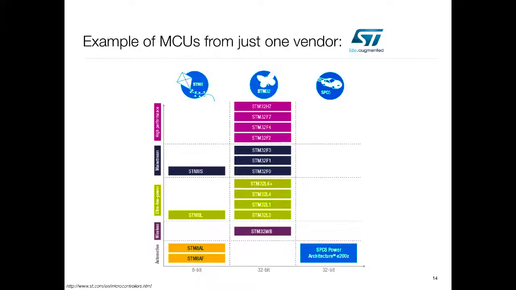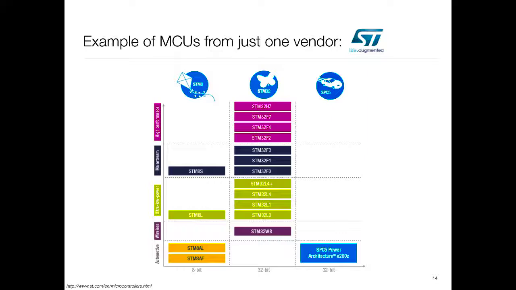Just to give you an example of the kind of things that some vendors might offer, this is ST Microelectronics, one of the dominant vendors. You go to their website and you find that they provide families catering to different use cases. It's hard to read here, but this is ultra low power, this is wireless, this is mainstream, this is high performance.